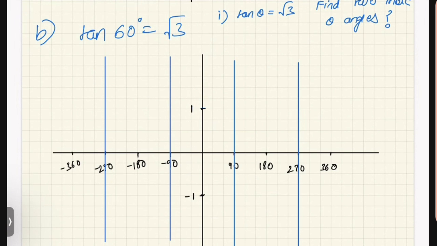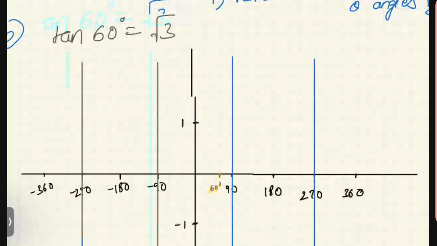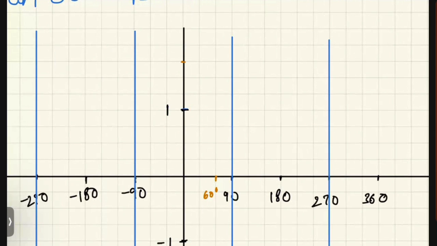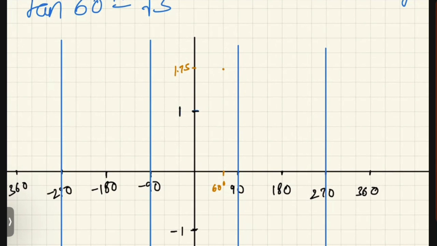So be careful when you are making your values, and at least the marked values which are given should be accurate. This is 60 degrees and this is my 1.75. So my 1.73 will be very close to this. That's how you need to draw so that you get accuracy.